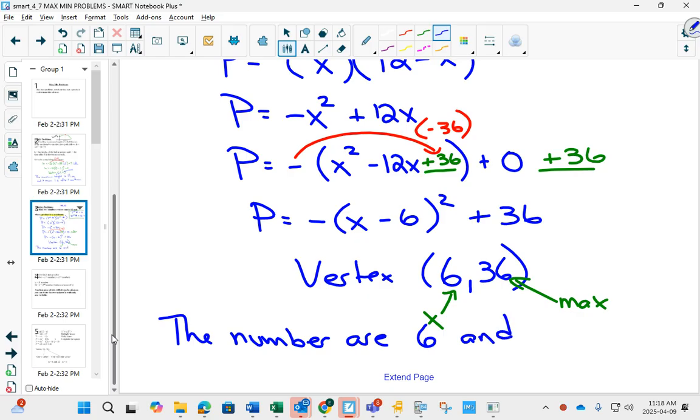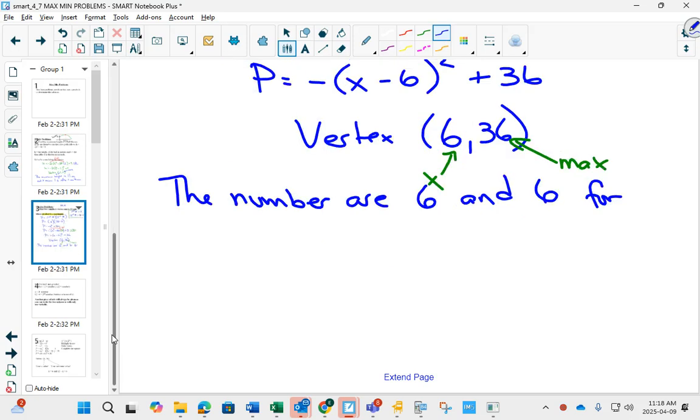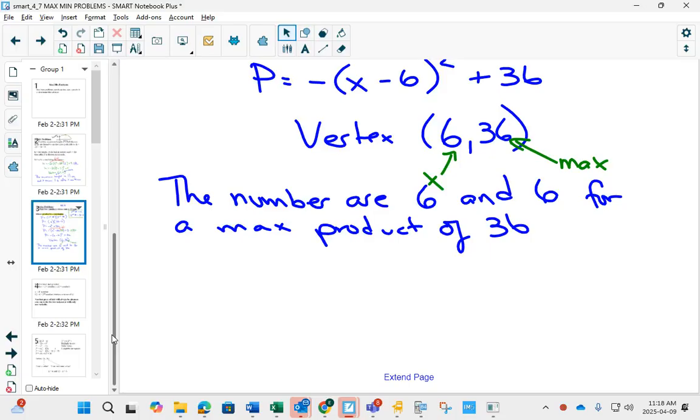One number was 6. The second number would also be 6. I don't think the question just asked what the two numbers were, but if we wanted to be even more explicit in our answer, that gave us the max product of 36.